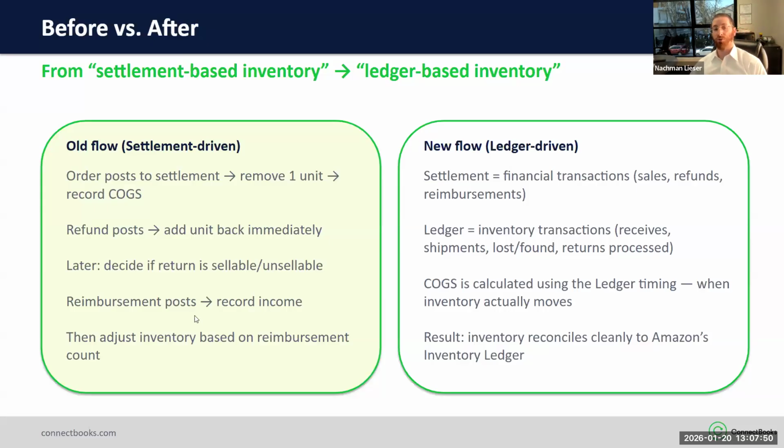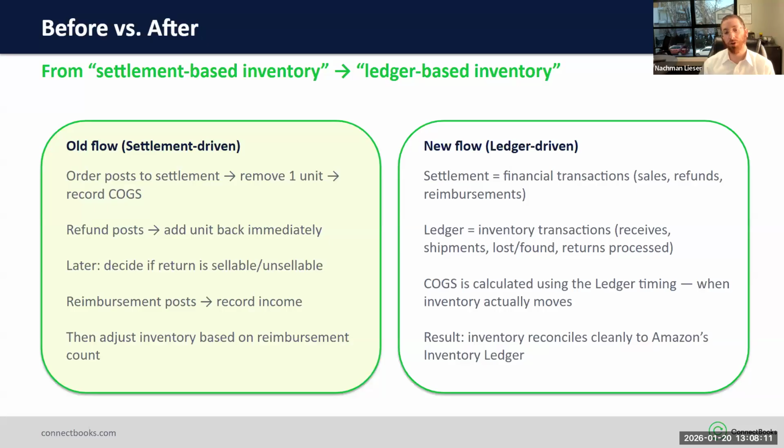Then there was another challenge: what happens to reimbursements? I know the process has changed a lot these days and Amazon automatically reimburses you. Let's say, January 25th, Amazon lost 100 units. Whether you open a claim or not, let's say the reimbursement happens on February 10th.